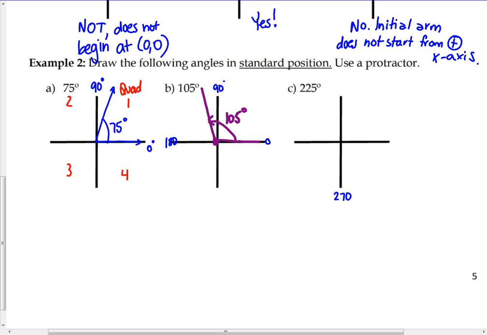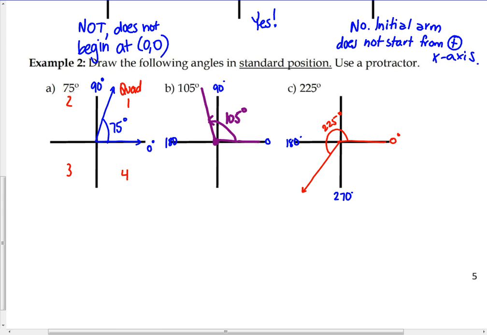This is 270, this is 180, so it'll be about halfway. So starting from 0 degrees and all the way around to the terminal arm, that would be 225 degrees. So we're always starting from the origin and from the positive x-axis. Makes it a lot simpler.